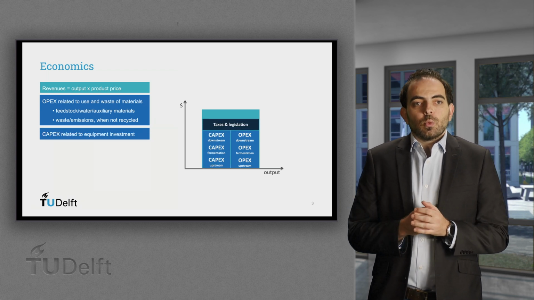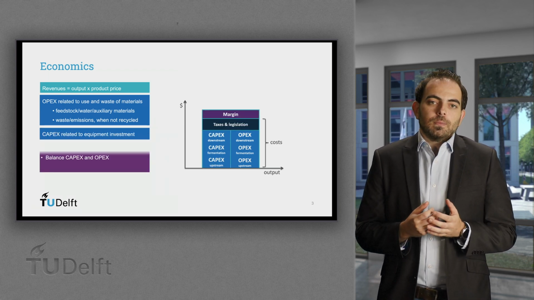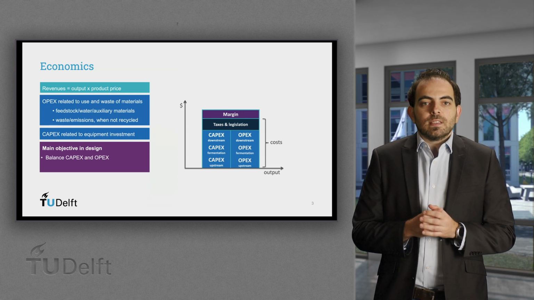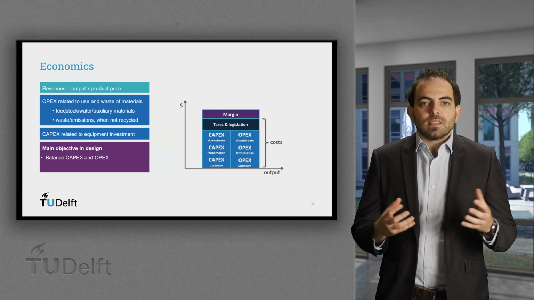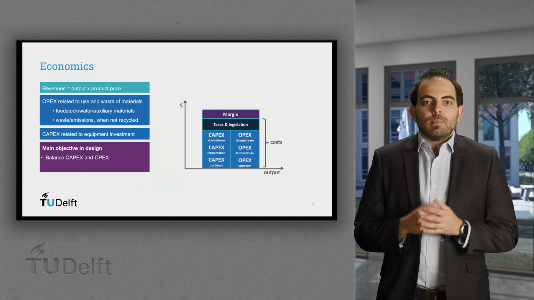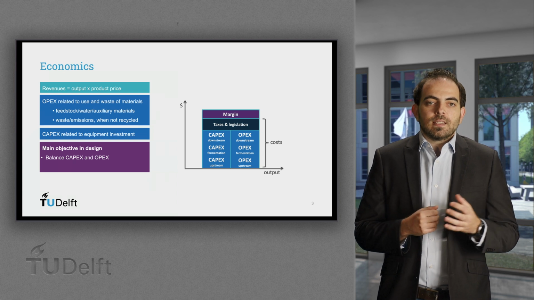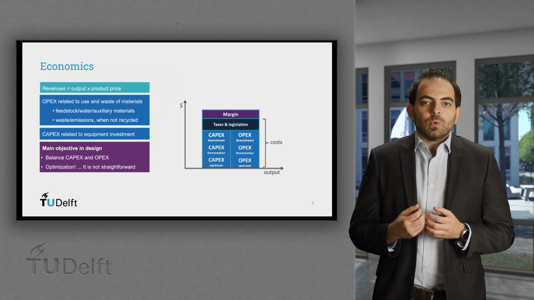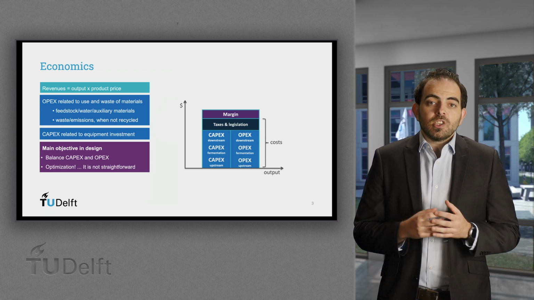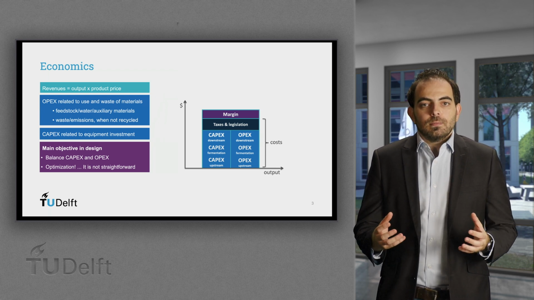Capital expenditures, or CapEx, relate to equipment investments. The main objective in the design of an integrated process is to balance the operational and capital expenditures of all the process steps, maximizing the margin that is earned after taxes have been paid. Because there is often a trade-off between CapEx and OPEX, optimization is not straightforward.